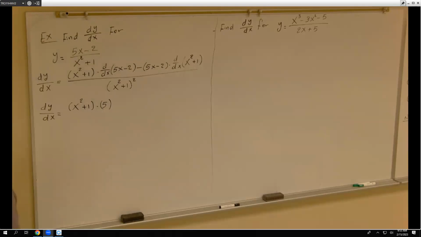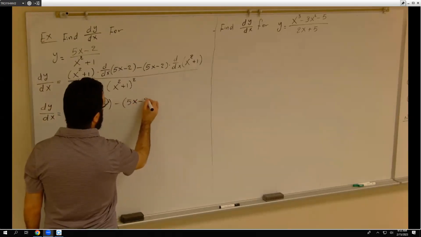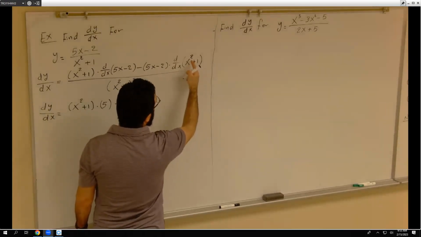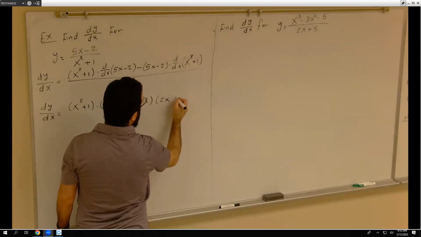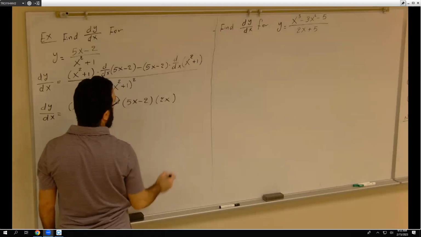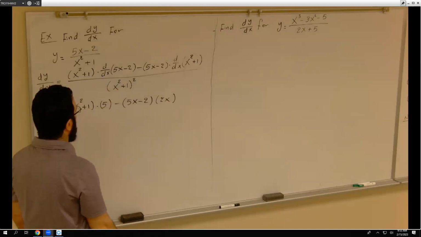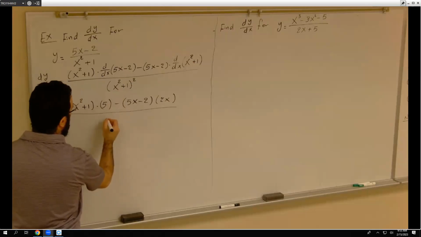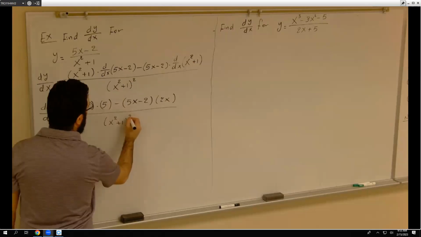Minus 5x minus 2 times the derivative of x squared plus 1. The derivative of x squared is 2x. The derivative of 1 is 0. Over x squared plus 1 squared.